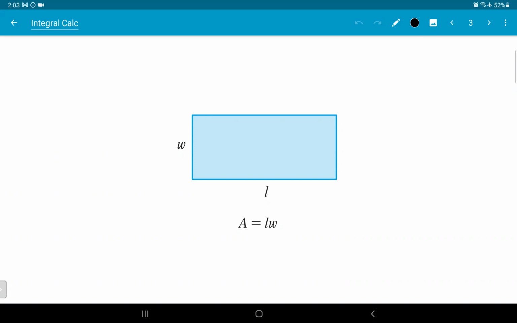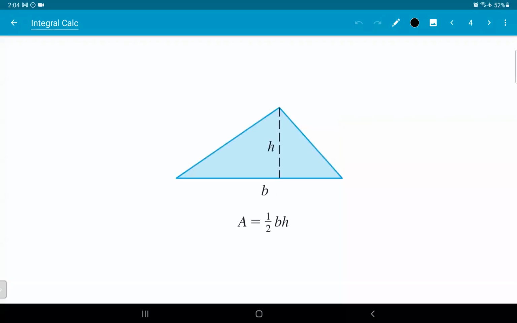We studied this way back in elementary. Then we proceeded to finding the area of triangles, where we thought of triangles as simply half rectangles or half parallelograms, and the area would just be half. We can compute the area of a triangle if we know the base and the height. We multiply the two, and since it's half a parallelogram or a rectangle, we divide it by 2.